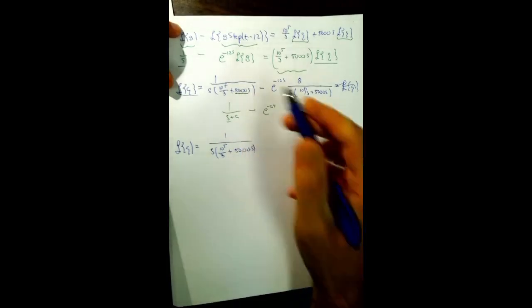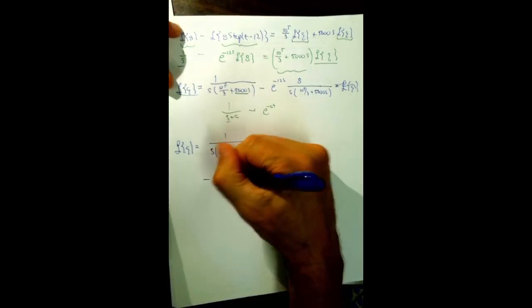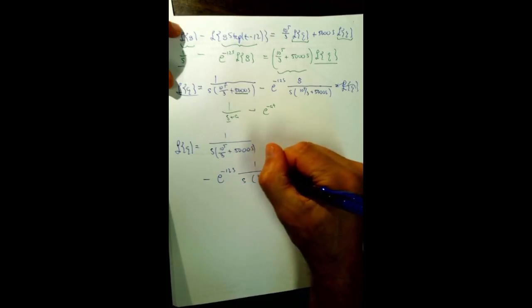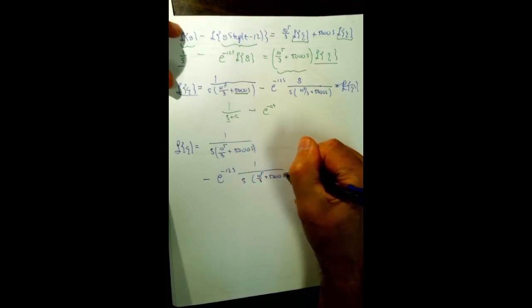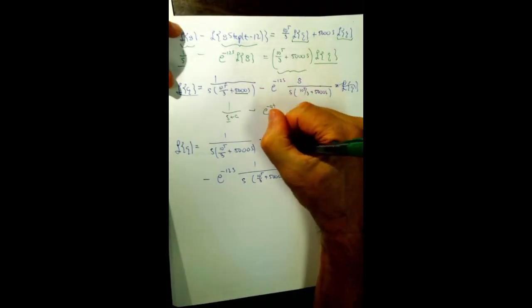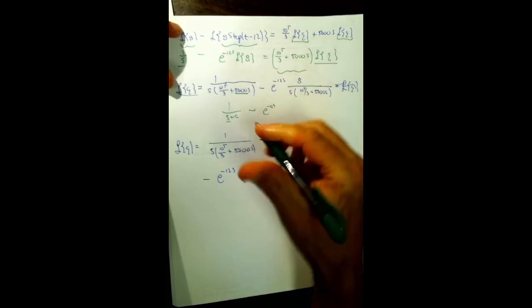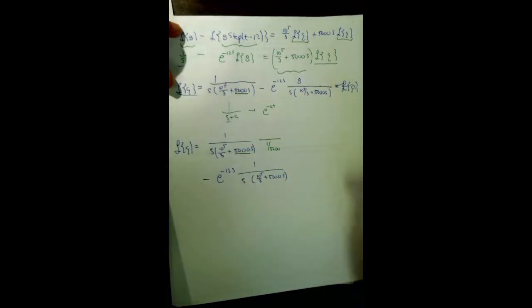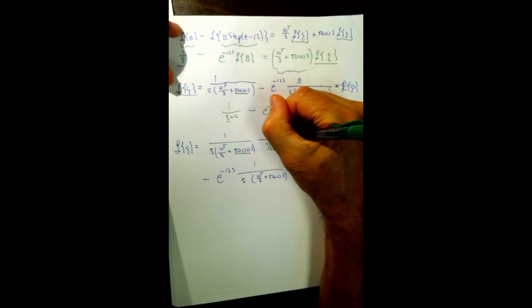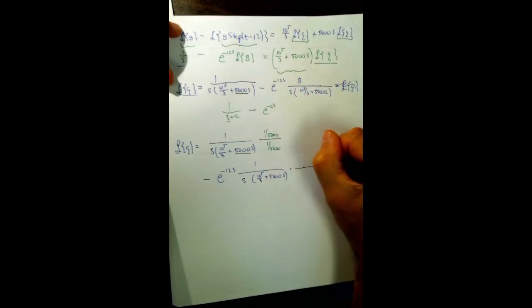So I have this term, and e to the minus 12s times the same thing. I am going to multiply by 1 over 5,000, so that I'll get a 1 there. But if I divide by that, I have to multiply it.